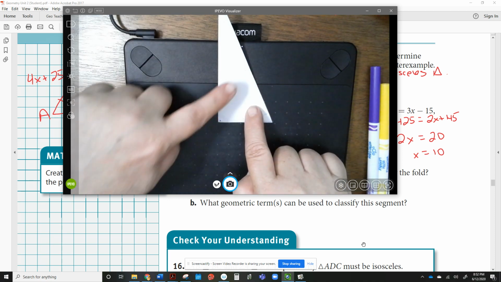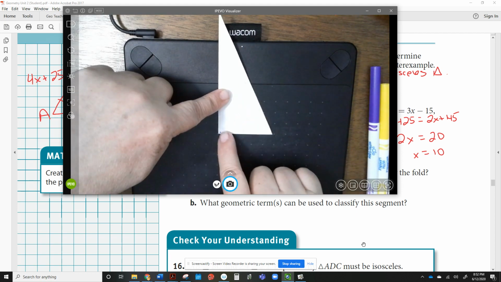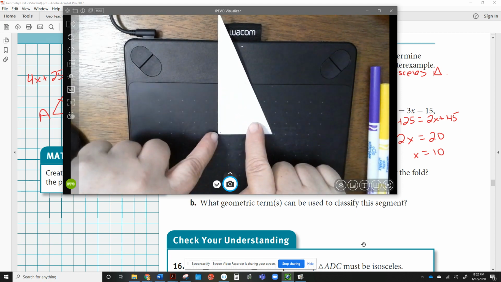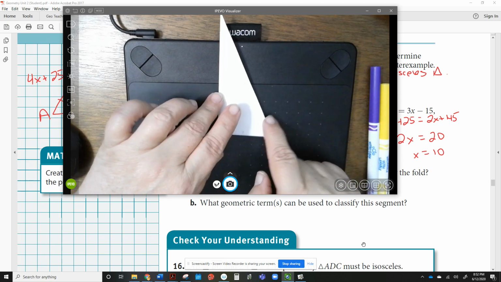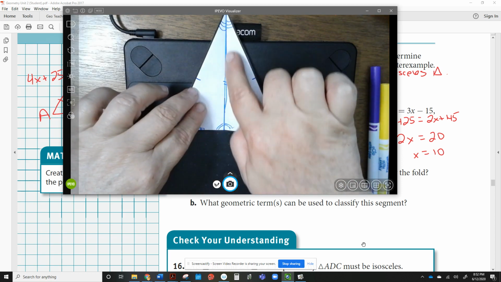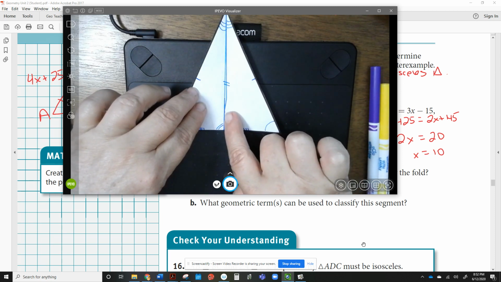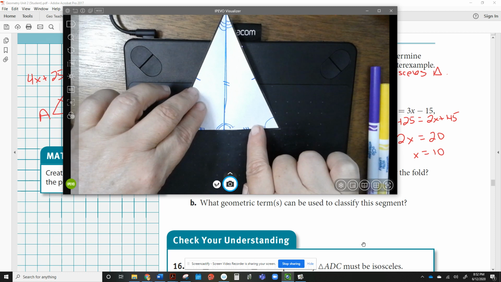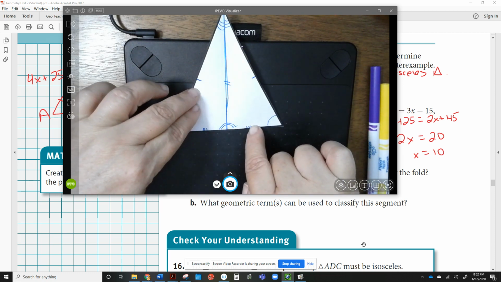So I've got vertical dots lining up and I've got horizontal dots lining up. So what does that tell you about this angle right here? It should tell you that it's a 90-degree angle. So we know that the fold is perpendicular to the base. That's what I would say. The fold is perpendicular to the base.